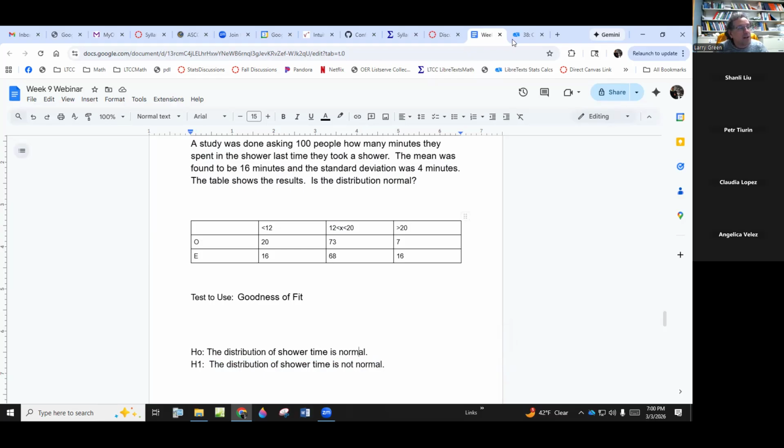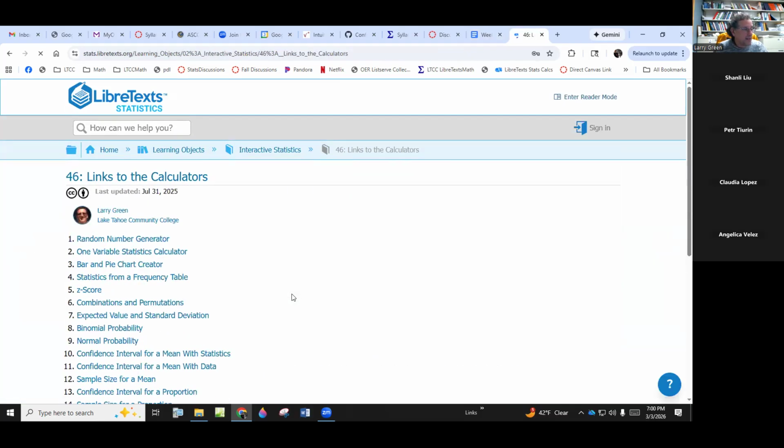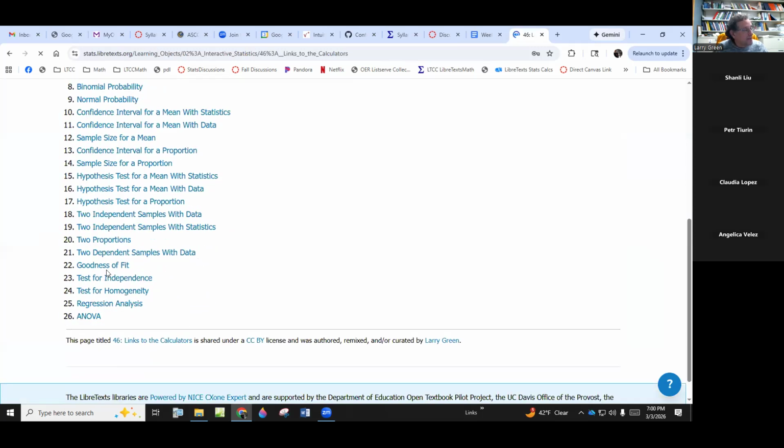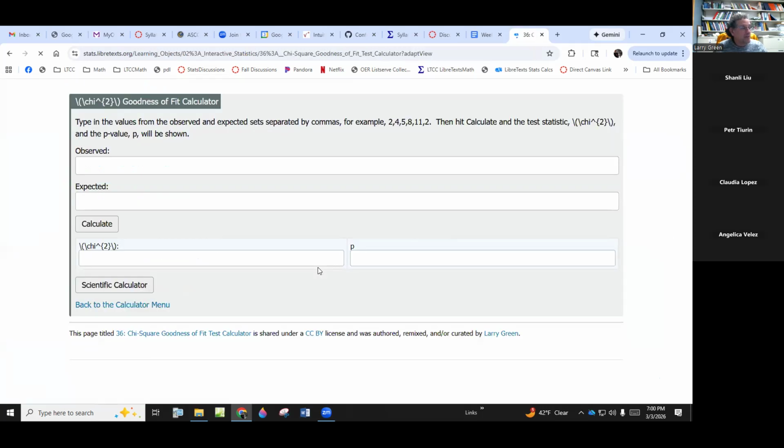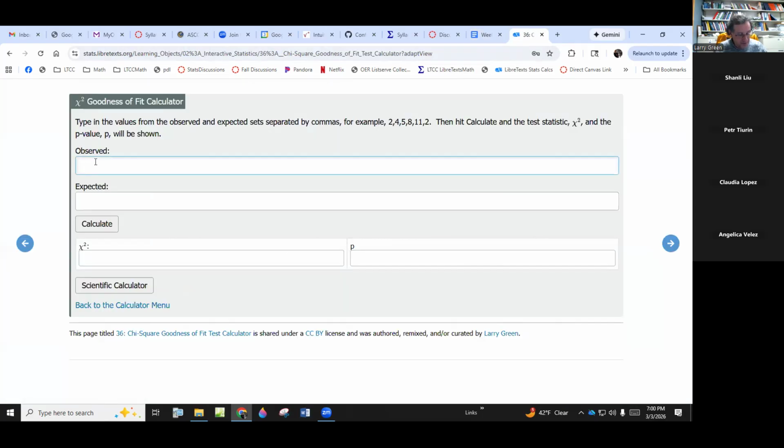Yeah, we go to our calculator. So let's go back to the calculator menu. And we already decided it was a goodness of fit test. And it says observed and expected. The observed were 20, 73, and 7. So 20, comma, 73, comma, 7.